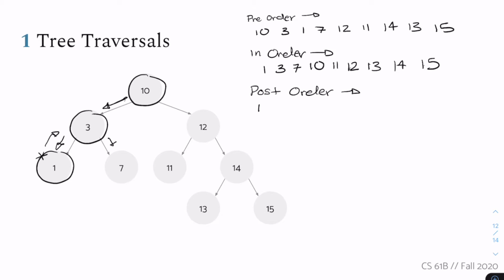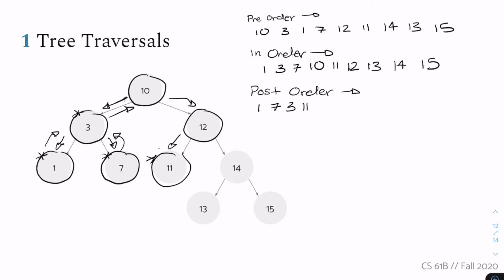Pop back up, go down to the other child, visit 7, pop back up, and now we can finally visit 3, and now we can pop back up to 10, but 10 has another child still, so we're going to go down to 12, and now we're going to go down to 11.